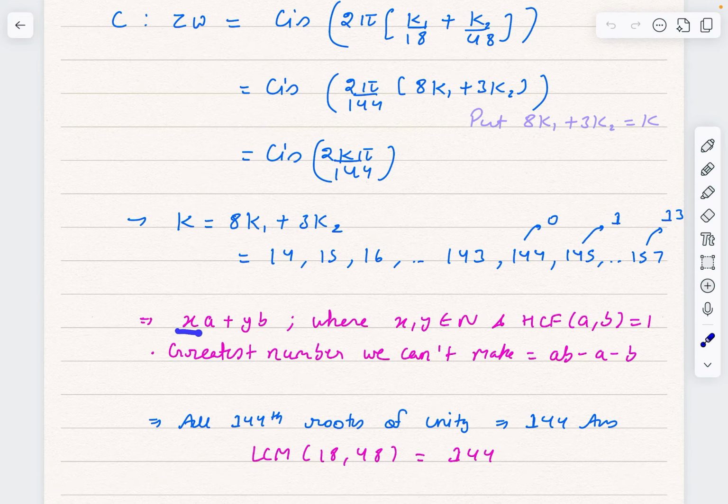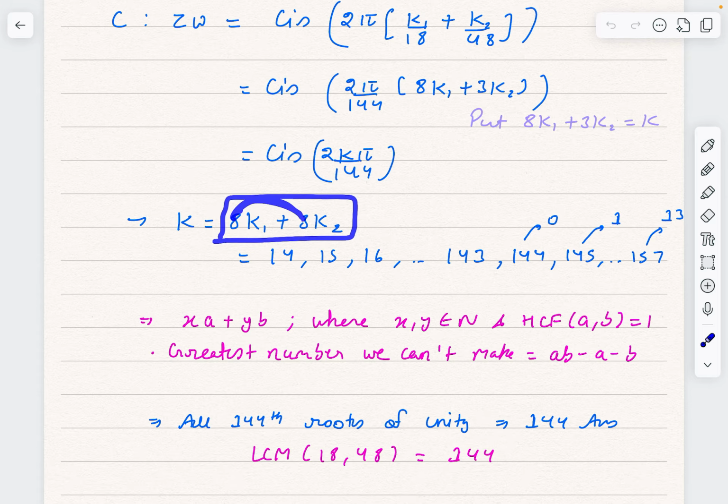If ever you have xa plus yb, where x and y are natural numbers, and a and b are two co-prime numbers, like HCF of a and b is 1, then the greatest number we can't make from this combination, by putting different values to x and y, will be ab minus a minus b.